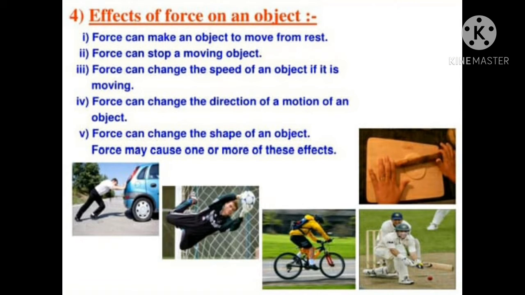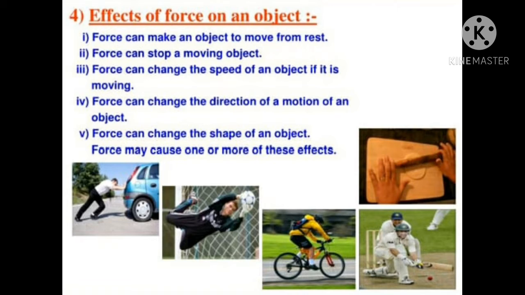Effect of force on an object. Force can make an object move from rest. If an object is at rest and force is applied on it, then it starts moving. Force can stop a moving object. A moving object can be stopped by applying force.